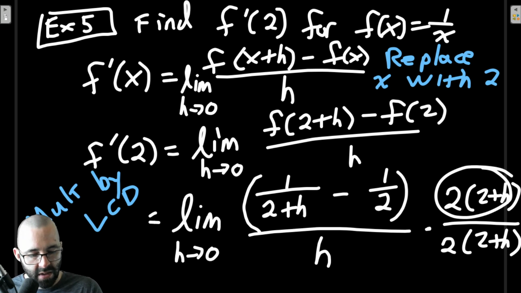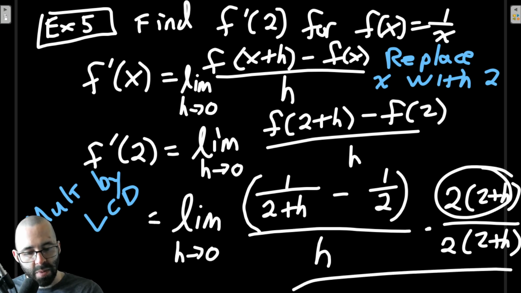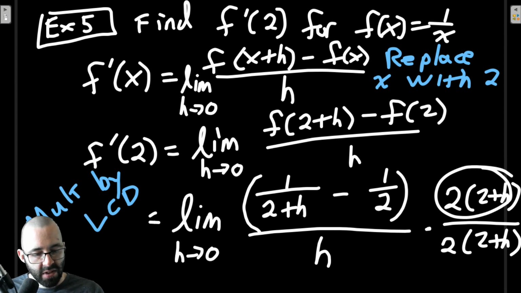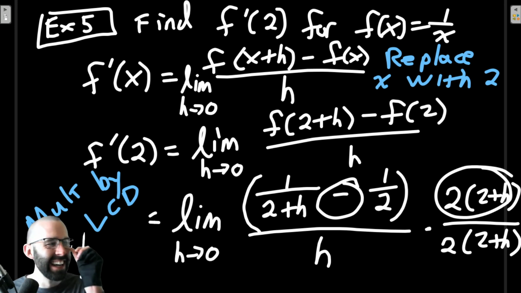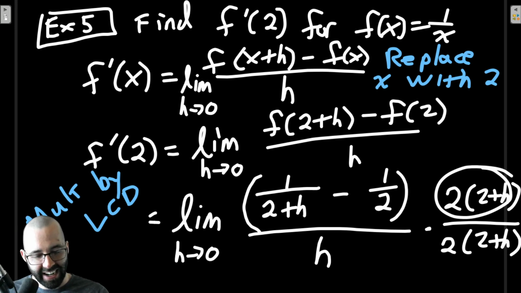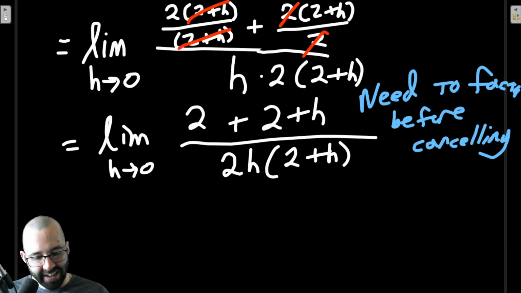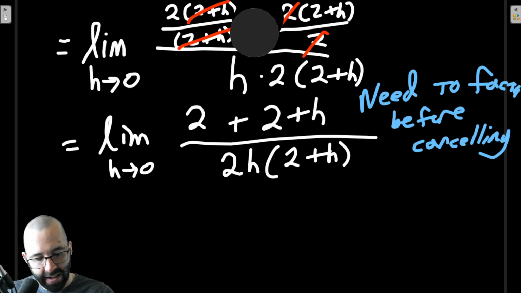All right, so the bottom is going to be 2h times 2 plus h. And the top canceled 2 minus, there we go. It's going to be the first thing minus the second thing. All right, that eraser is just too darn big.